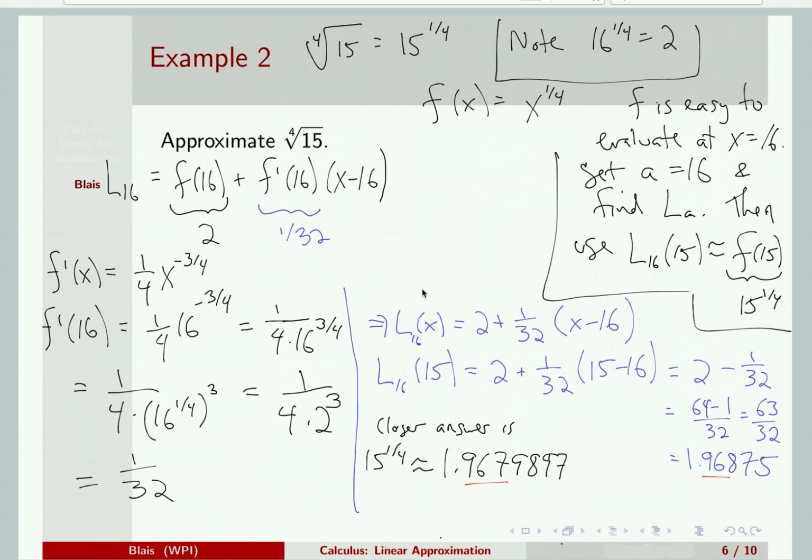Your calculator is also approximating it. It's using a higher level version of what we just did here, but in essence, it's the same principle, that this is in fact also an approximation just to higher level of accuracy. But your calculator is doing something very similar to what we're doing here.